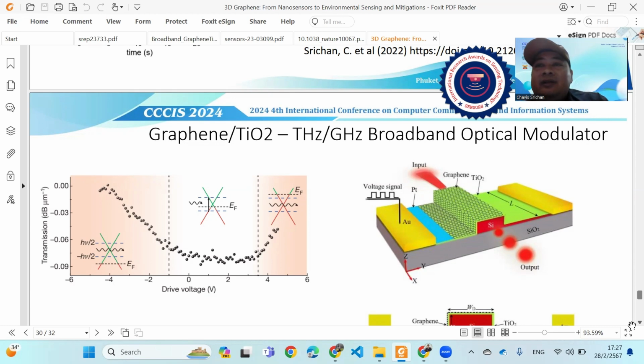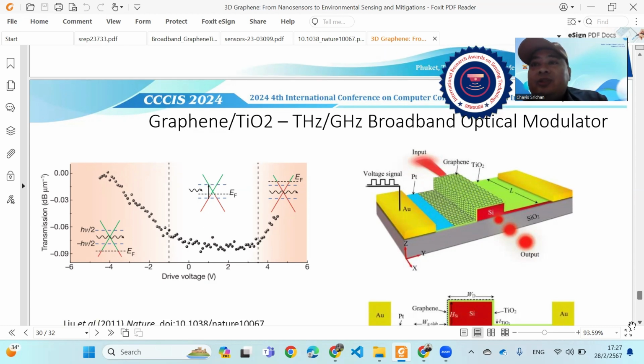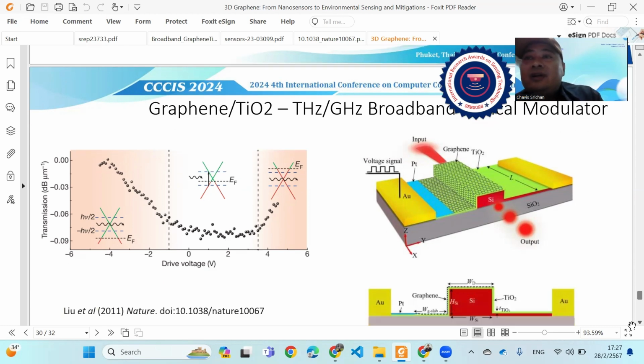From this principle, we could build a silicon photonic structure and make a modulator that lets the light come out or switches it on and off. Because electrons in graphene are very fast, you can do terahertz switching, right?